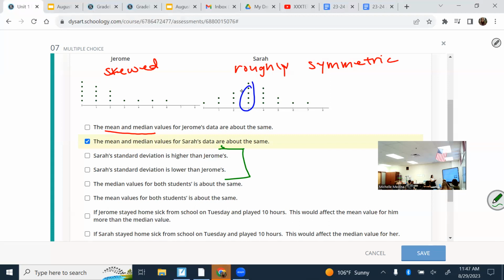So since I do have the values, I would probably put both of these in Desmos and then compare them and know for sure. I will show you that, just to make sure we all know how to do that, because the only way to do standard deviation right now is with the calculator. But when I did it earlier, I think Jerome's was about 1.7-ish.